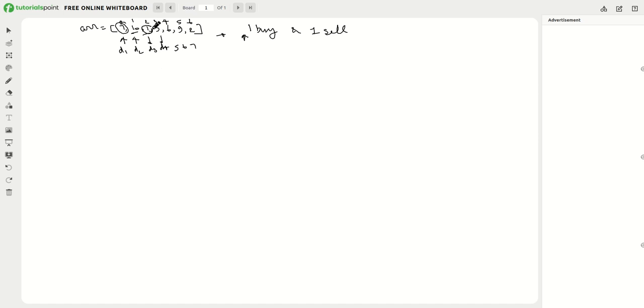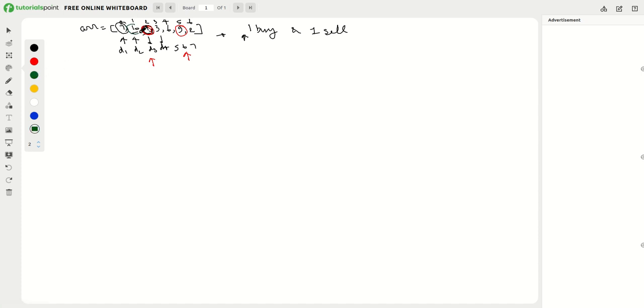So here, that one is our minimum stock price, right? So if we buy at day 3, at 1, then 3, 6, 9, and 9 is the maximum on day 6, right? Here 10 is also there.